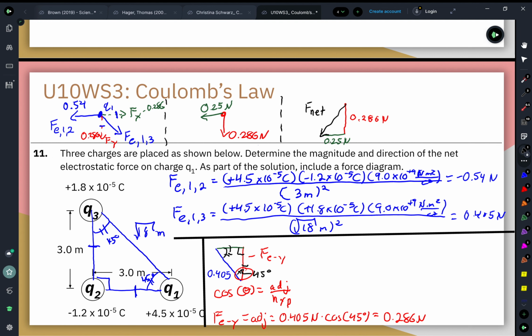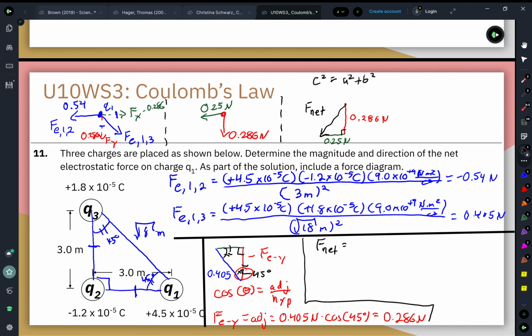Once again, this is just going to be a triangle. We can use the Pythagorean theorem to determine what our net force is going to be. For the Pythagorean theorem, the hypotenuse squared is equal to a squared plus b squared. So the square of one side plus the square of the other side is equal to the square of the hypotenuse.